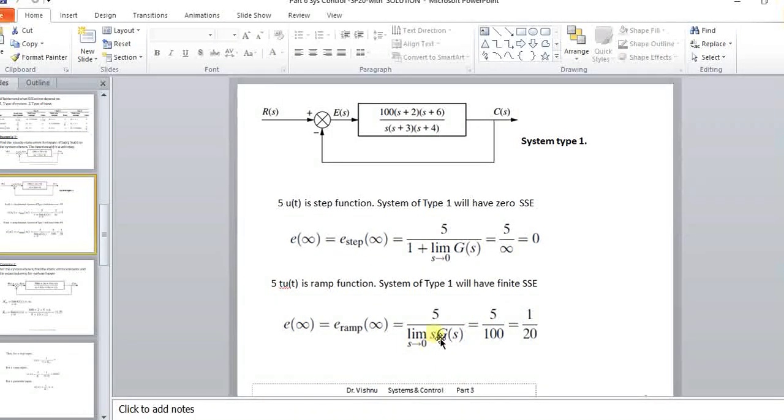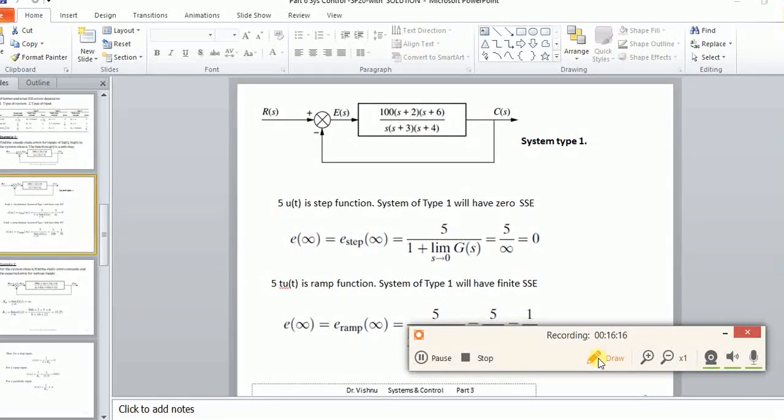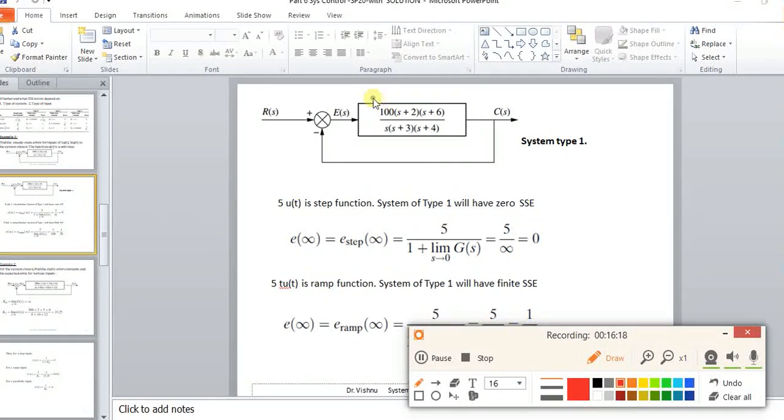Since you are going to multiply this G of s with s, this s and this s here will get cancelled.